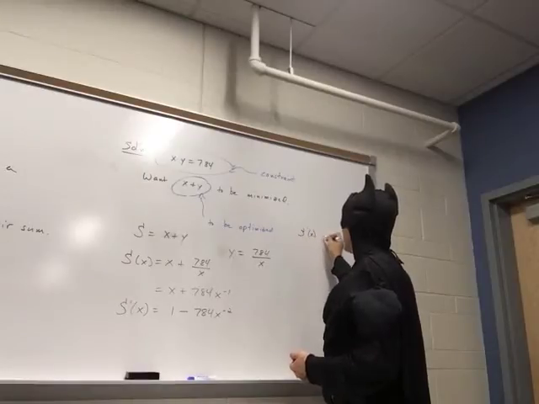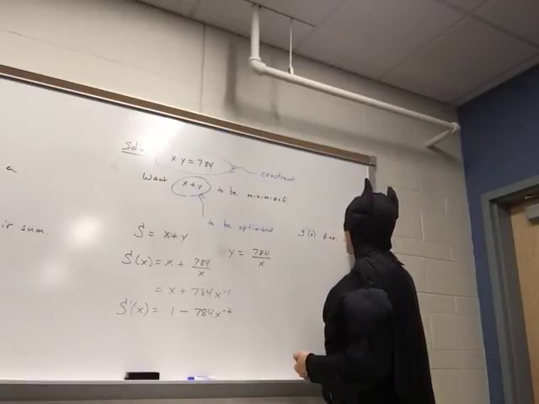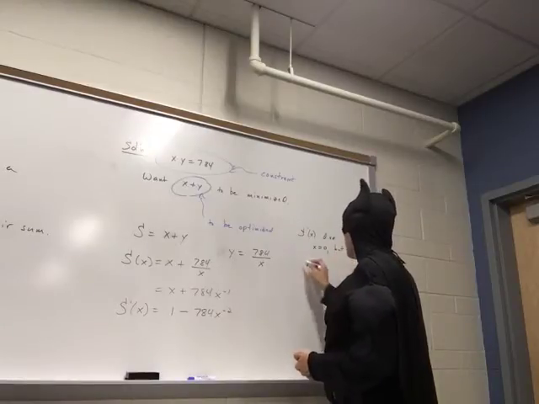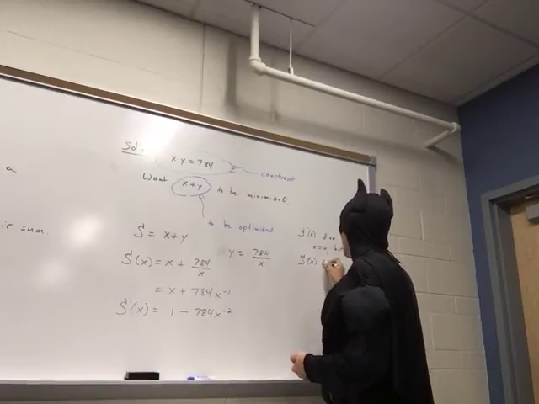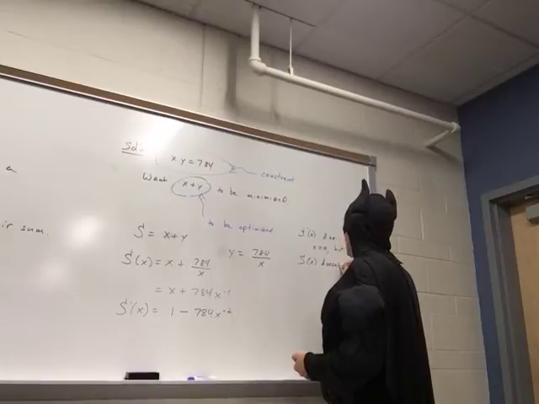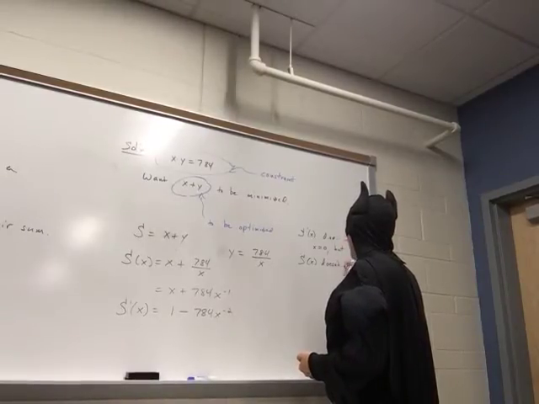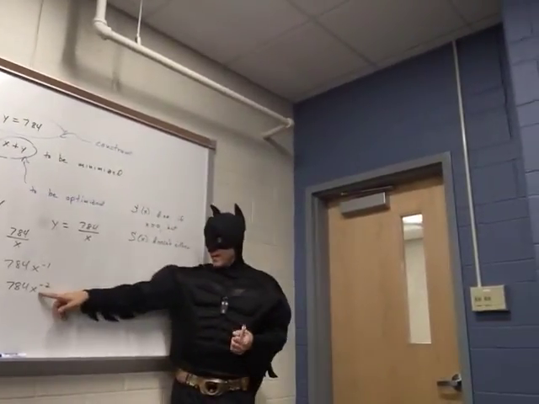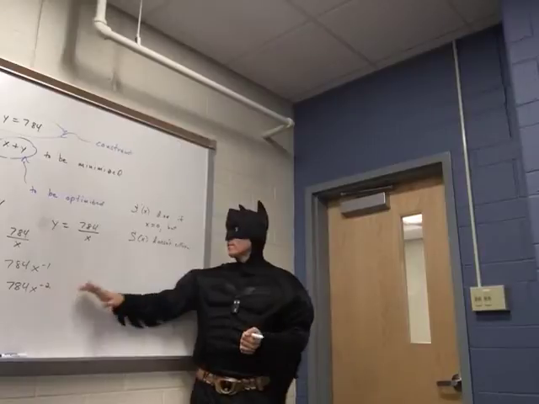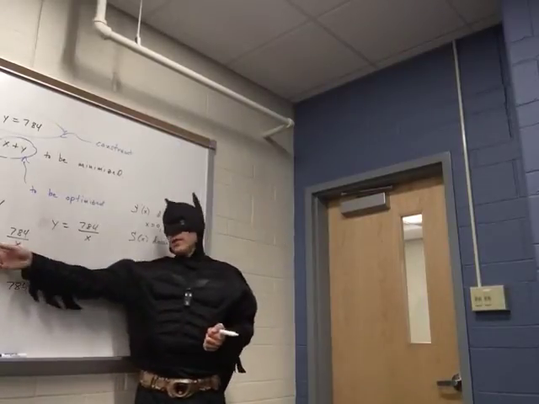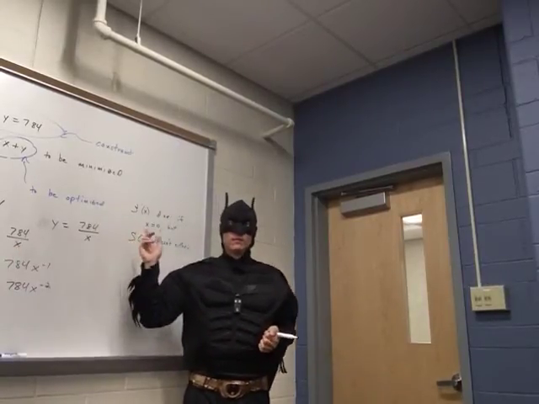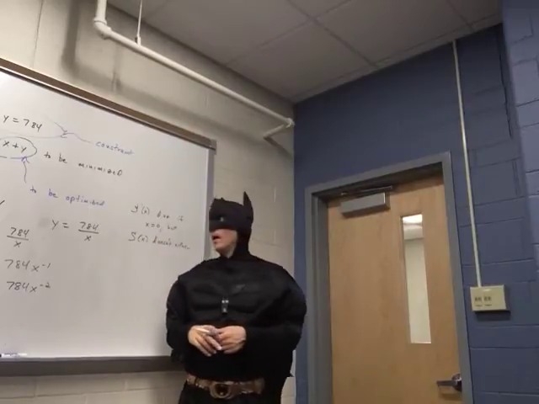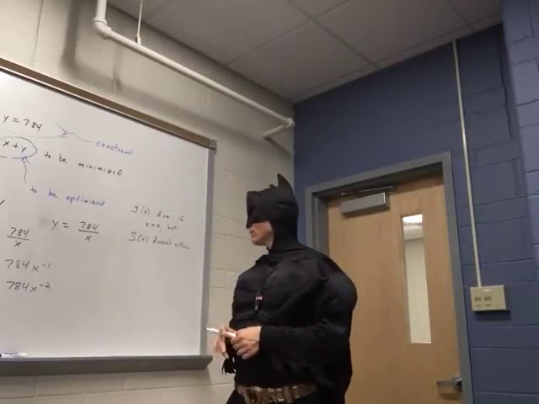S prime of x does not exist if x equals 0, but s of x doesn't either. So again, we should always be checking for where this thing doesn't exist. This will be bad at x equals 0 because we're taking 0 to a negative exponent, but the original function won't exist either, so it's not even in the domain. Check.